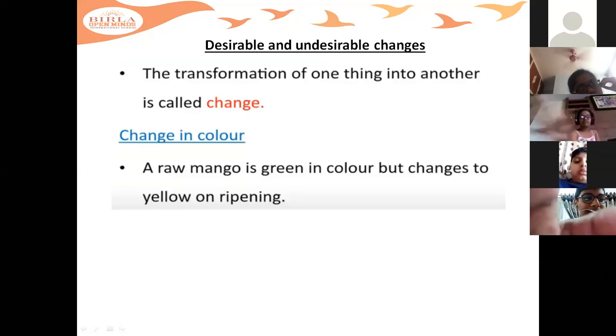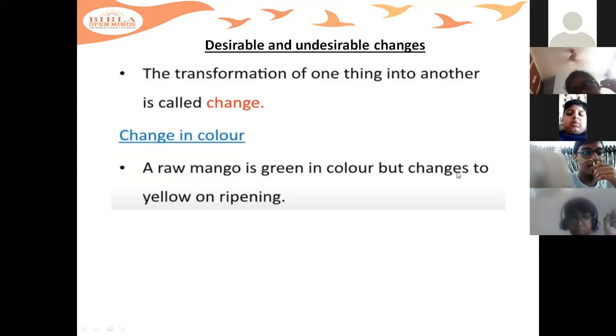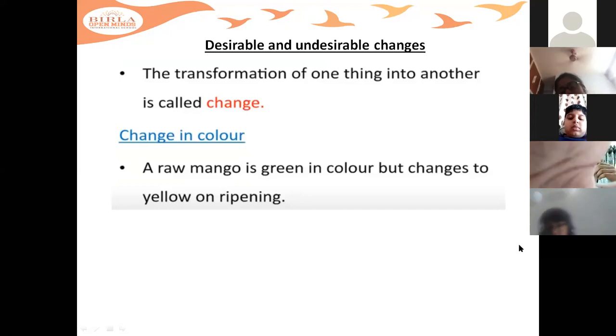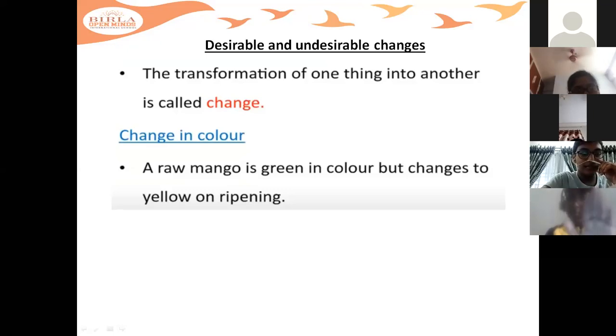Yeah, say it. Ma'am, surfboarding, ma'am, in the sea. Yeah, sorry, can you repeat it? And ma'am, hiking, ma'am, in the mountains. Yeah, hiking in a mountain. Okay, so it is a desirable change again. Okay. Yeah, Rudranish.